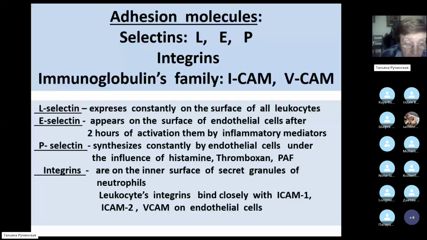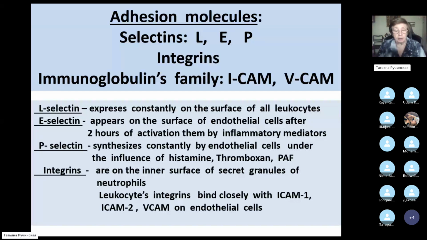As for L-selectin, these adhesion molecules can be expressed on the surface of leukocytes, and the same with integrins. How can they appear?